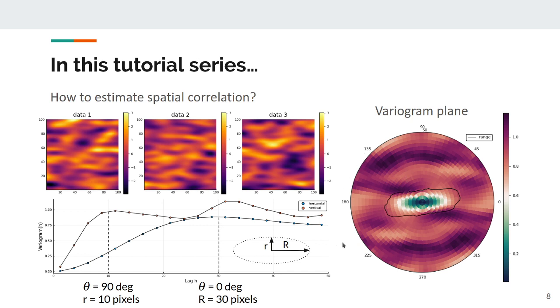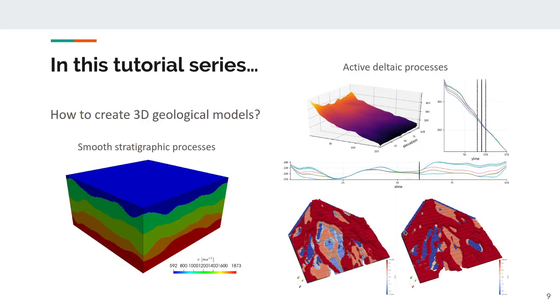We will also learn how to produce this variogram plane plot, which allows you to learn this correlation length for any angle of your choice. We will also have tutorials on how to create synthetic 3D geological models. This is quite important when we want to test, for example, hypotheses about different geology or different conceptual geological models.